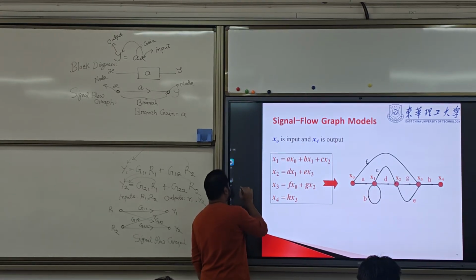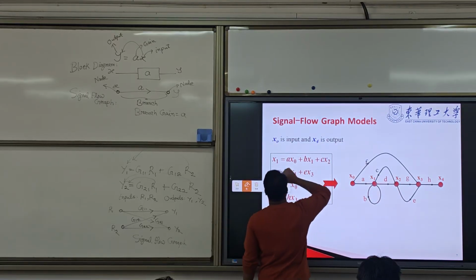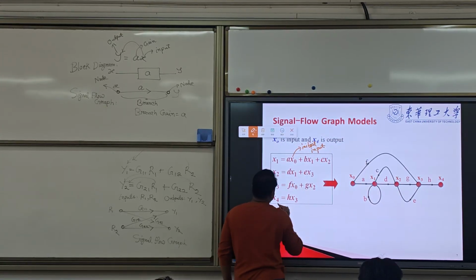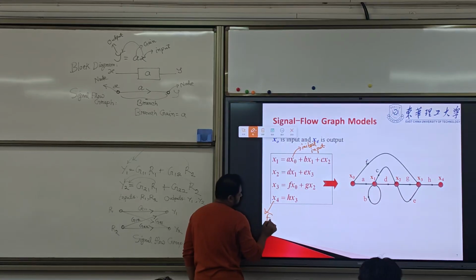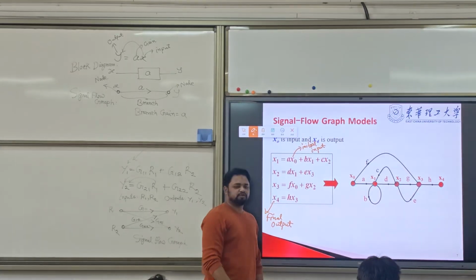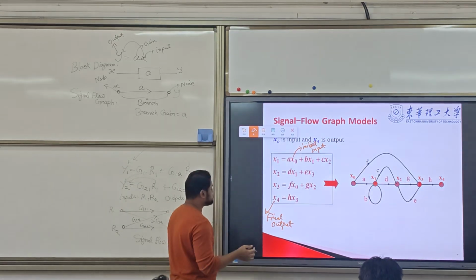Okay, how can we draw it? Let me see. This is the initial input, and here this one is the final output. But in each equation we have input and output. The signal will flow from input to output, in these directions.